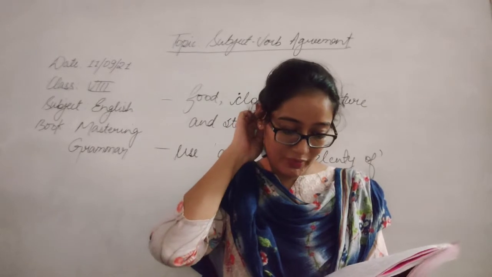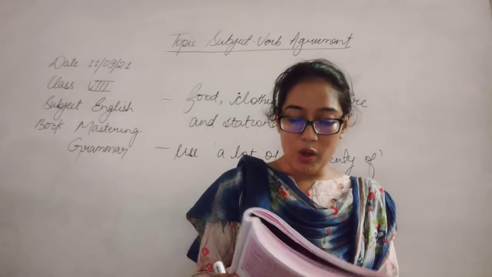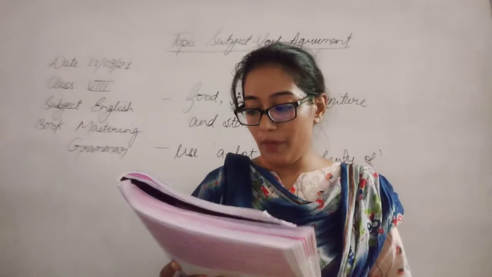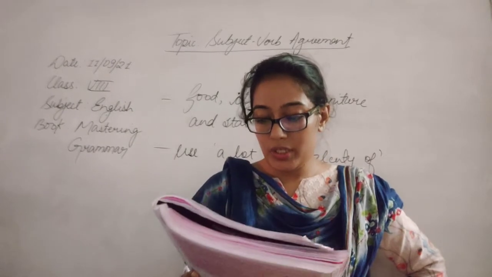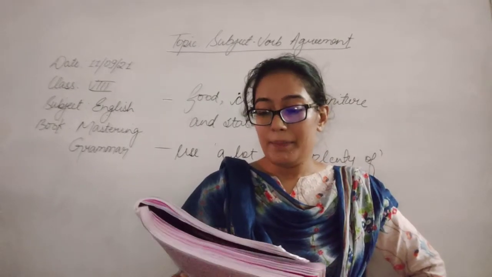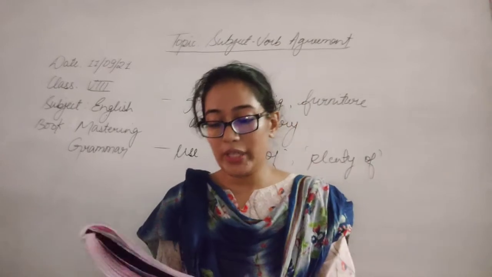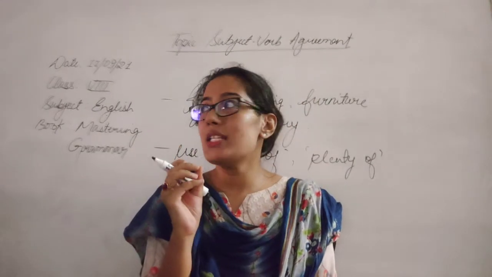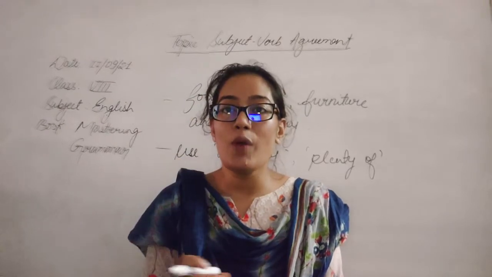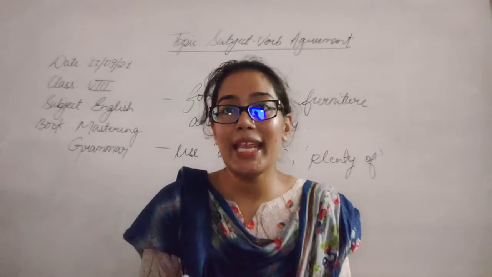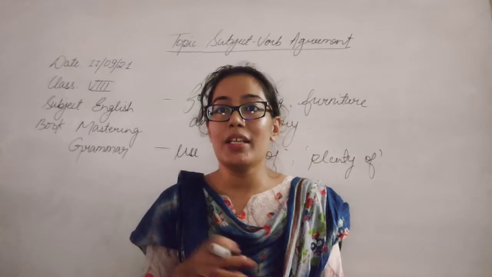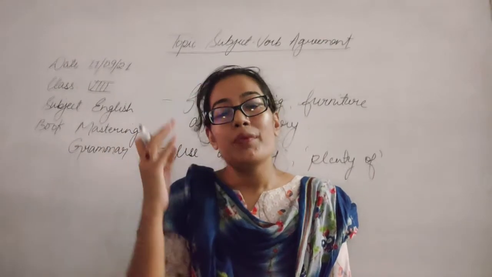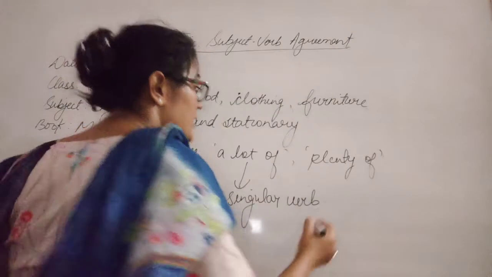But when a lot of and plenty of are used for numbers, beta, there are two things. Okay, when we are writing a lot of and plenty of in a sentence to indicate a quantity, we use a singular verb.